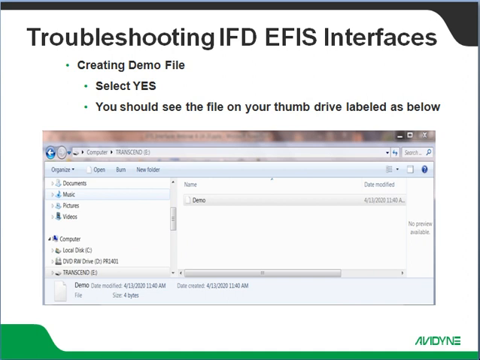Once you've done that, you should see this on your thumb drive, just a file labeled demo with no file extension at all. It's got to be a blank thumb drive, by the way. Then throw that USB stick into the IFD and power it on, and it should boot you into demo mode. Okay?